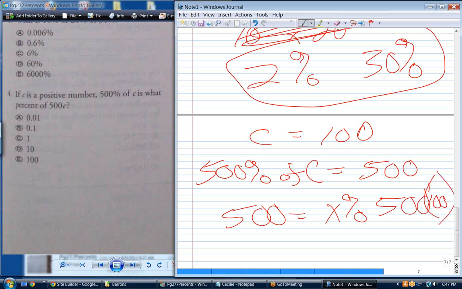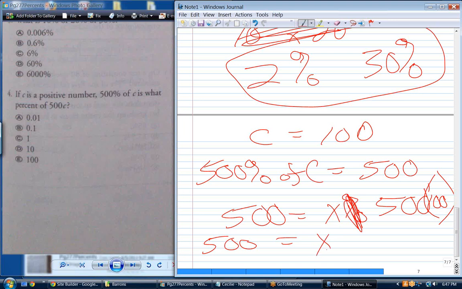So that's 50,000. 500 is what percent of 50,000? So 500 equals, let's figure out, first of all, let's not have a percent in an equation. We're not used to seeing the percent sign in an equation.